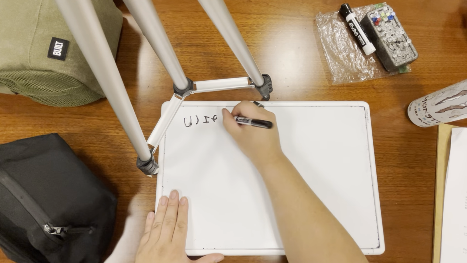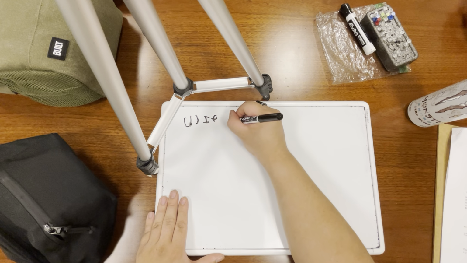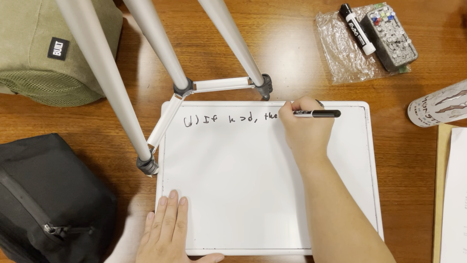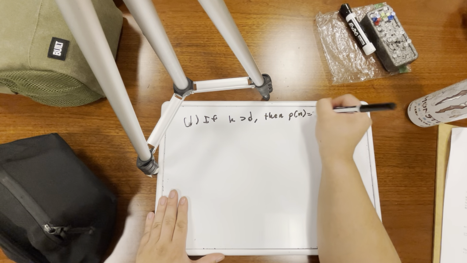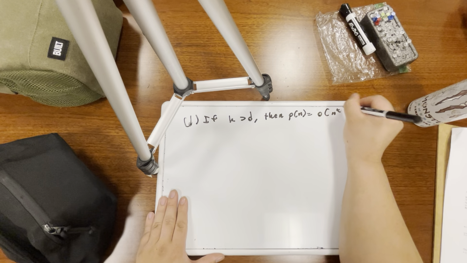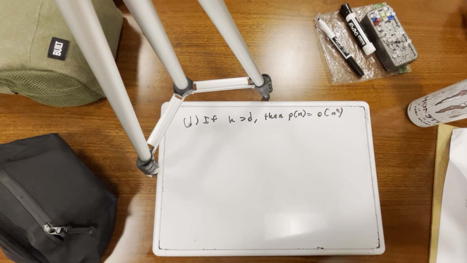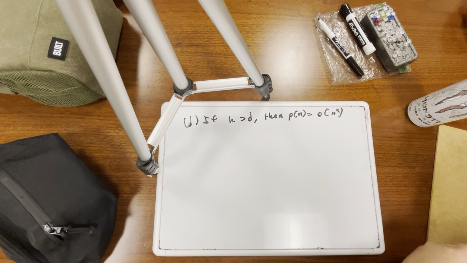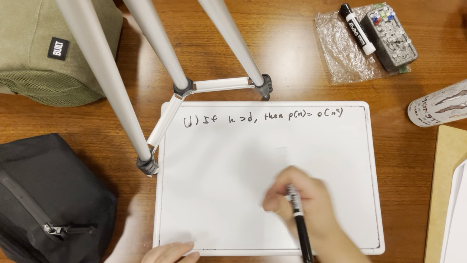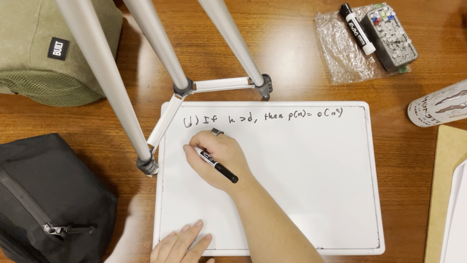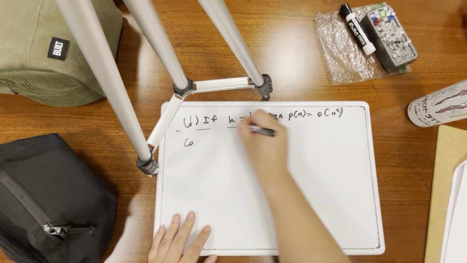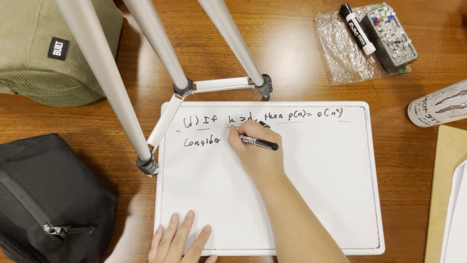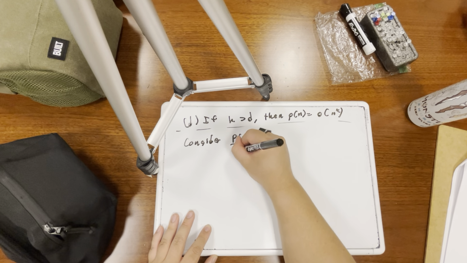For D, we want to show that if k is greater than d, then P of n is equal to little o of n to the k. Let's show that with some rigor. Consider P of n over n to the k.